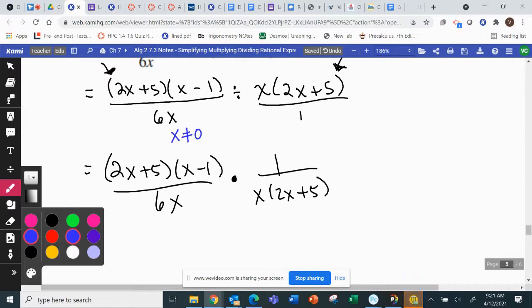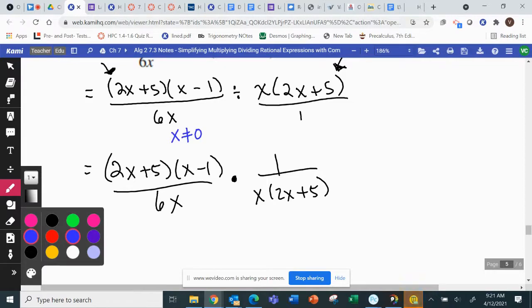Yes, Tessa. Before I changed it to multiplication, I canceled out the x in front of the 2x plus 5 and the x, then it says 6x. Is that still okay? So you can't cancel when it's division. You can only cancel when there are factors on top of each other.